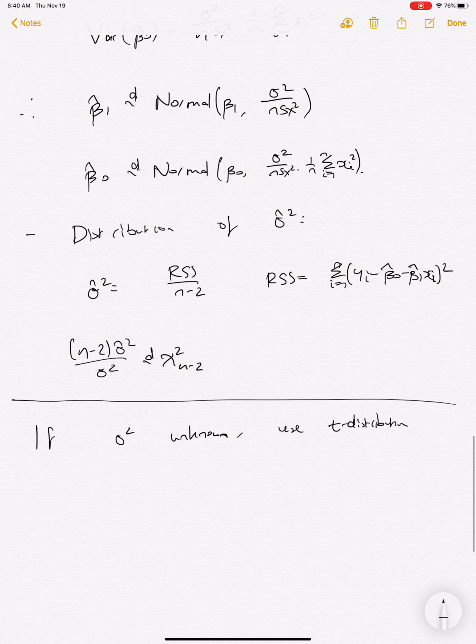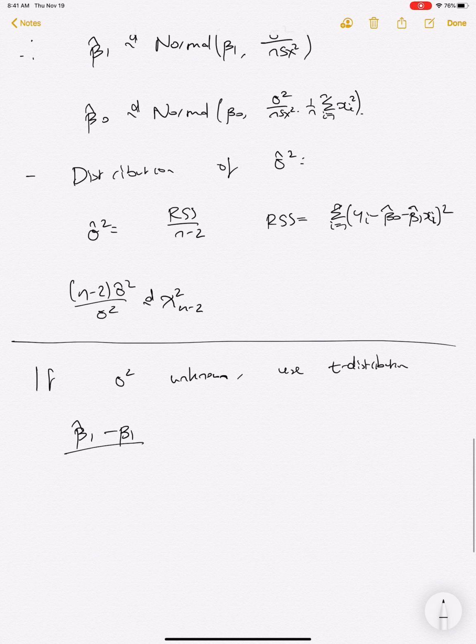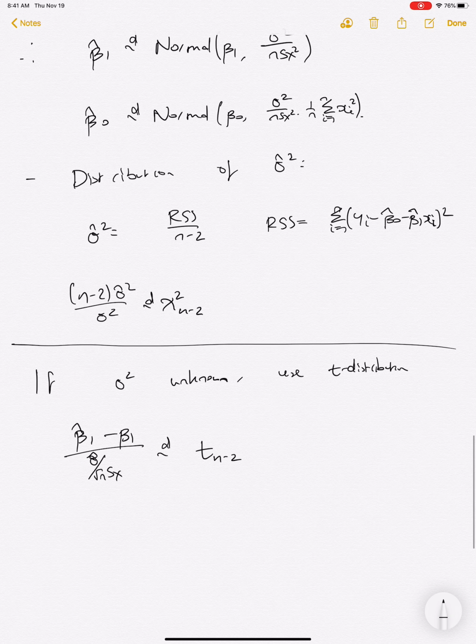So what that essentially means is that if you look at beta hat 1 minus beta 1, and then divide that by sigma hat over square root of n times sx, which is the square root of the variance, that's going to have a t distribution with n minus 2 degrees of freedom.